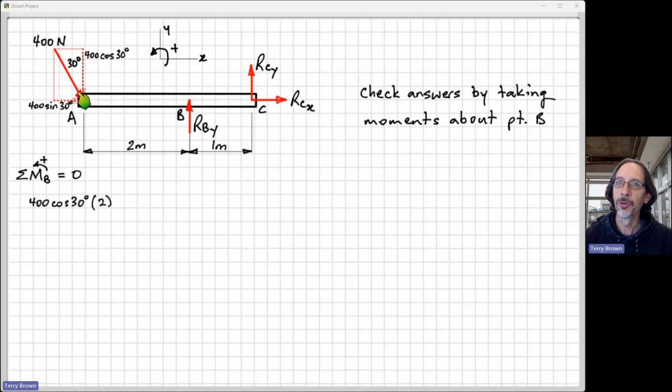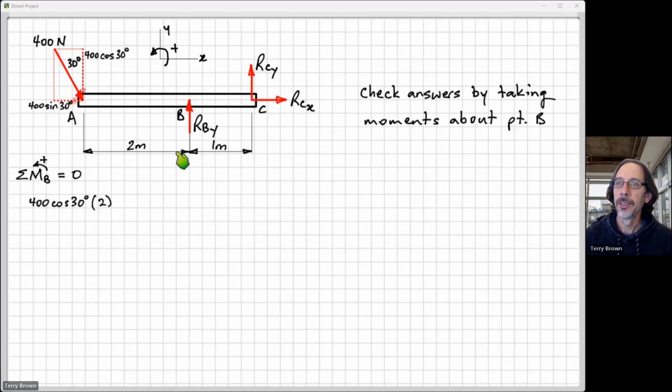So we have our vertical component of the applied load, 400 cos 30. Its perpendicular distance now is 2 meters. So we've got that. Is it clockwise or anti-clockwise? I think we should be able to see without me demonstrating with my pen that it's going to be anti-clockwise again.